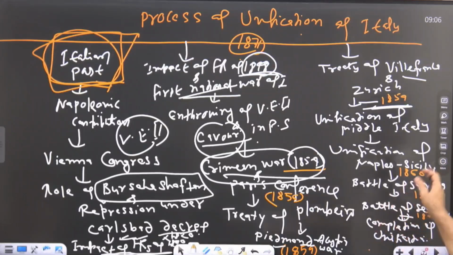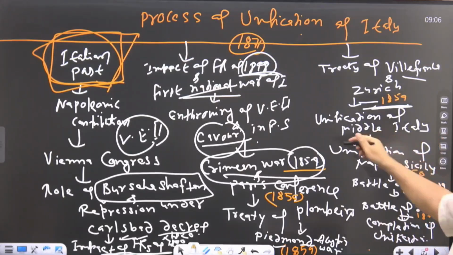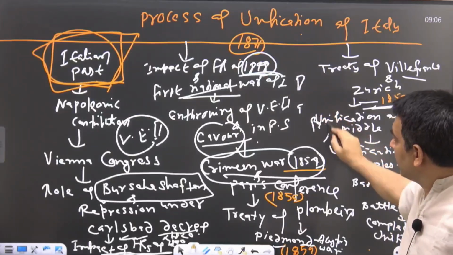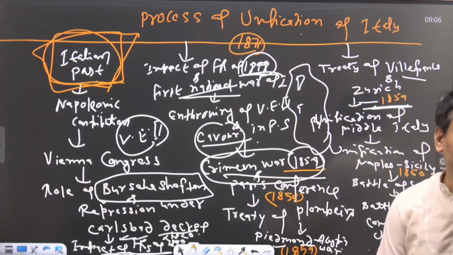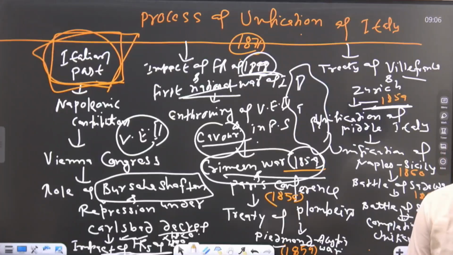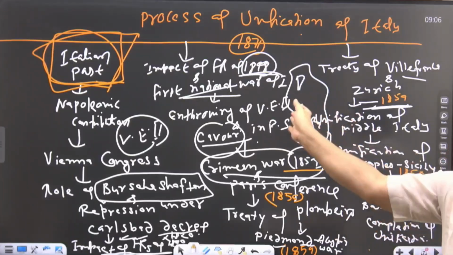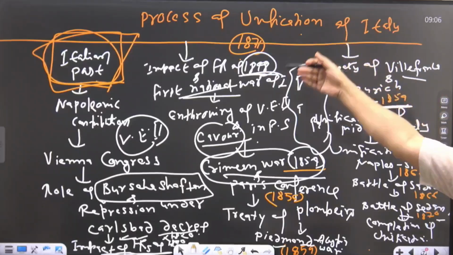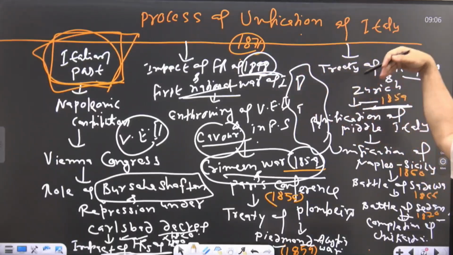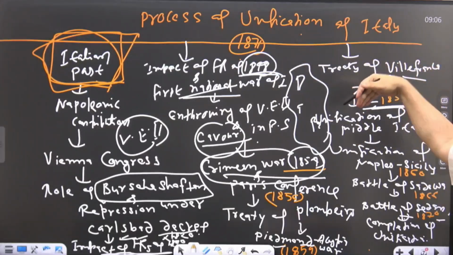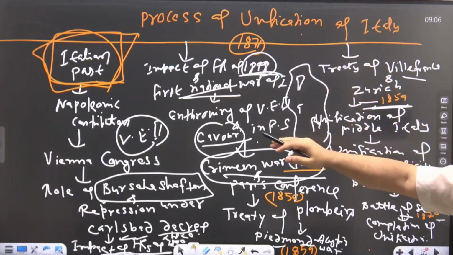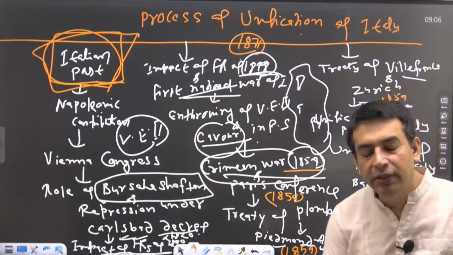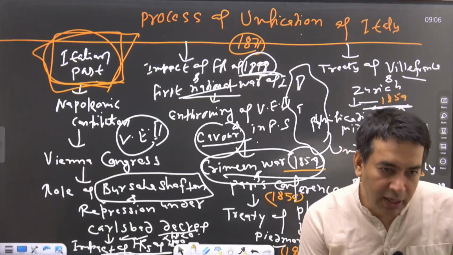That's why the people of Middle Italy, Parma, Tuscany and Modena, who were under the control of a branch of the Habsburg dynasty of Austria, revolted. The revolts were indirectly facilitated by Cavour. The rulers were ousted, a plebiscite happened, and they said we want to be part of Piedmont Sardinia.